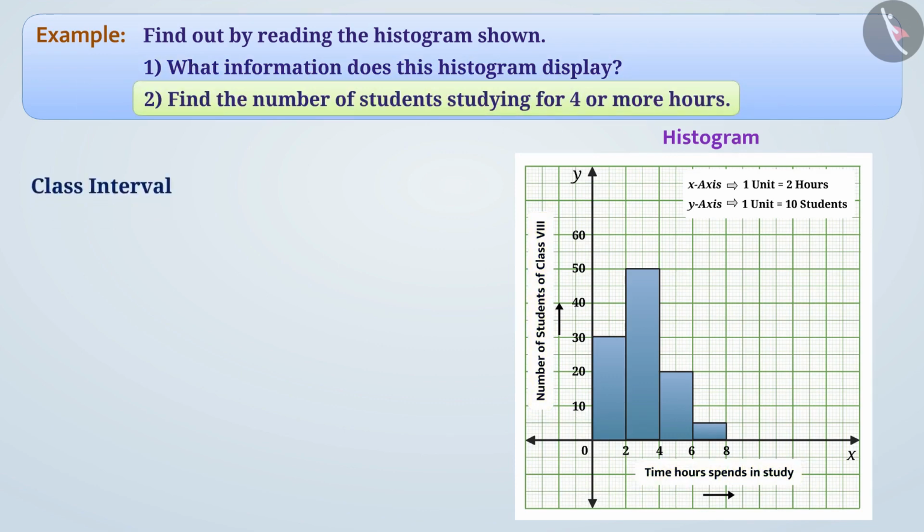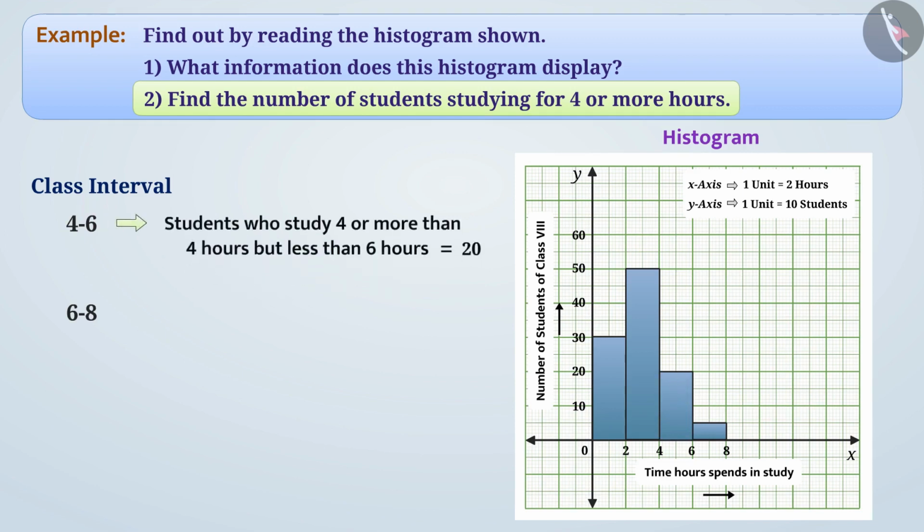Here, two class intervals 4 to 6 and 6 to 8 represent the number of students who study more than 4 hours. Looking at the class interval 4 to 6 and the length of the bar drawn above it, it can be understood that there are 20 students who study 4 or more than 4 hours but less than 6 hours.